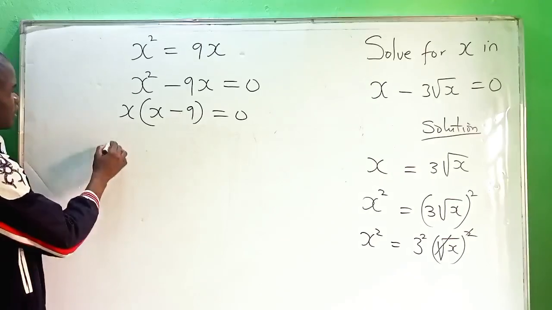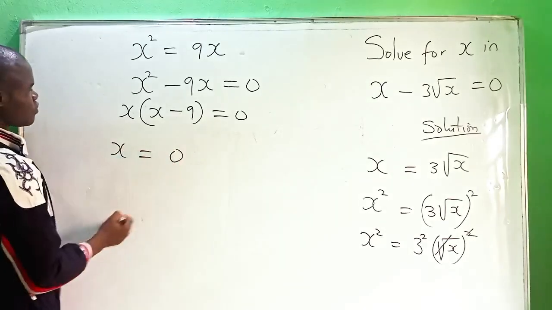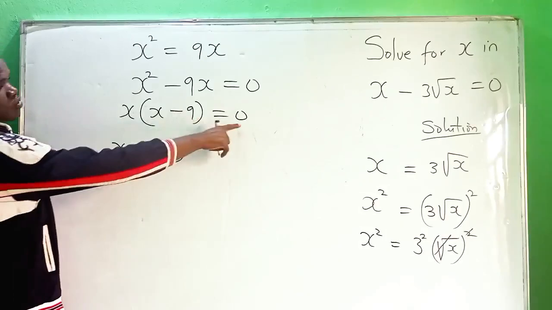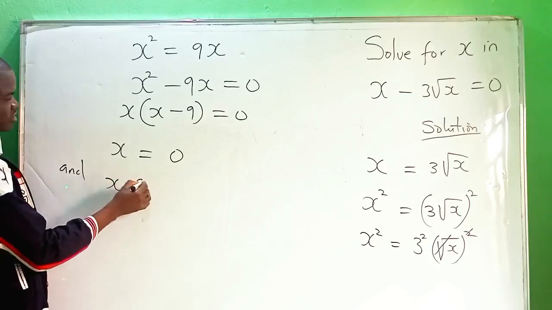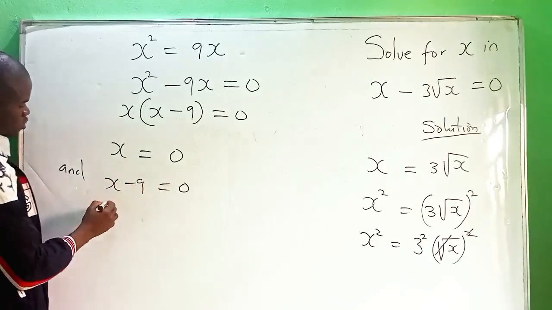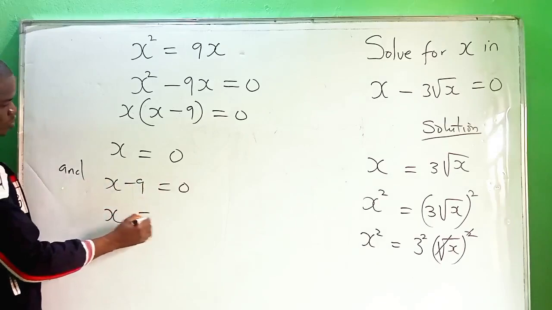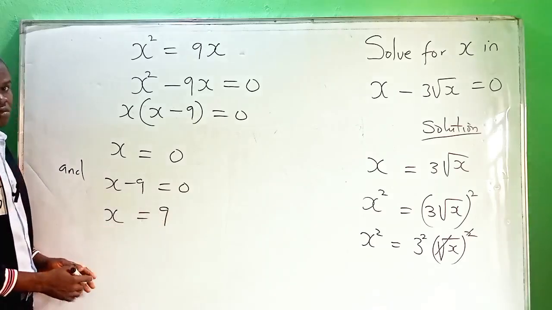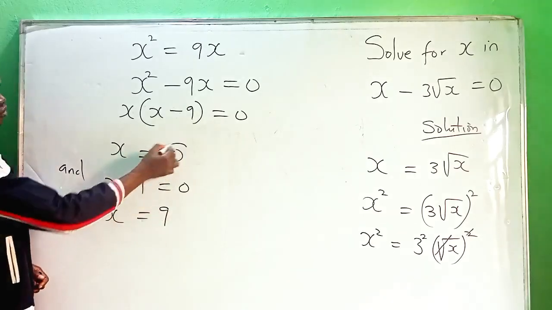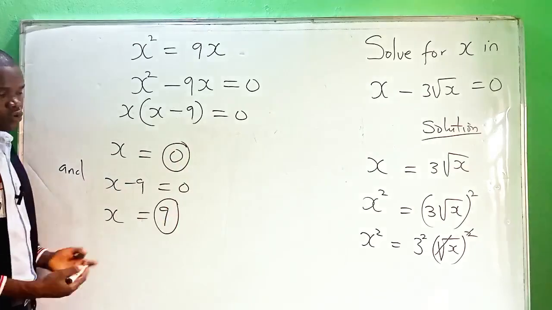We can now say x is equal to 0. That means this is equal to 0. And x minus 9 is equal to 0. So this means that x is equal to 9. When you cross the minus 9 across the equal sign, it becomes plus 9. So these two are the solutions.